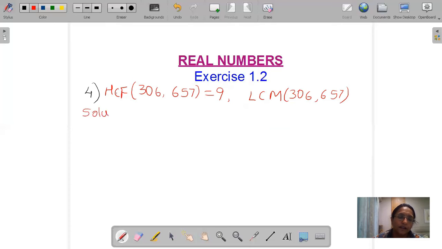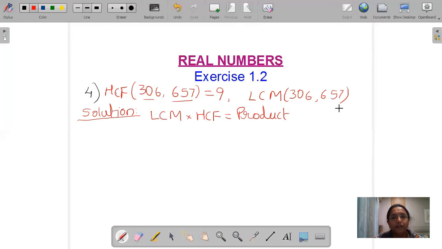We know the relation, one important relation, that is LCM into HCF is equal to product of the numbers. So here HCF is given and numbers are given. You have to find out LCM.